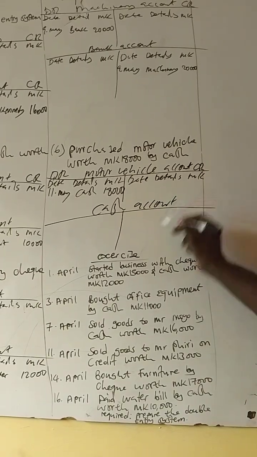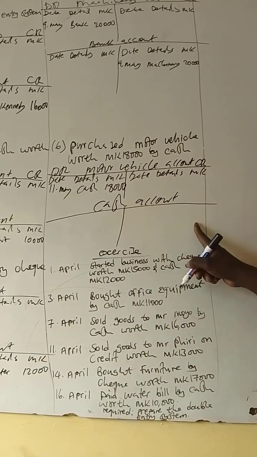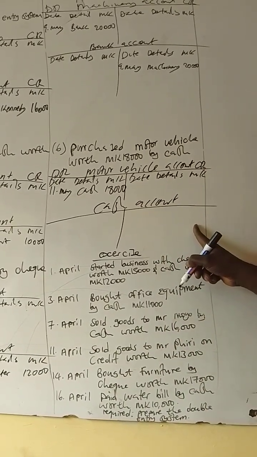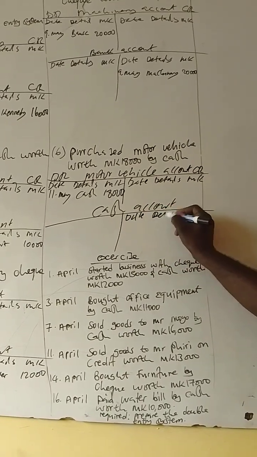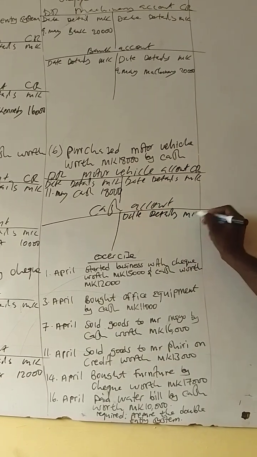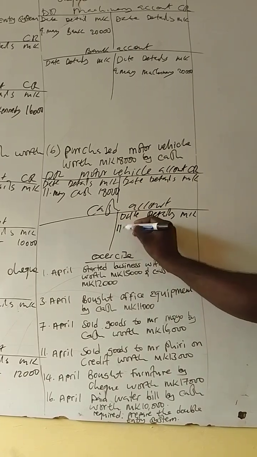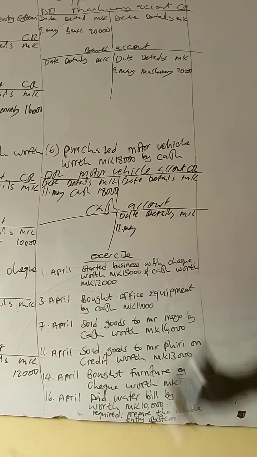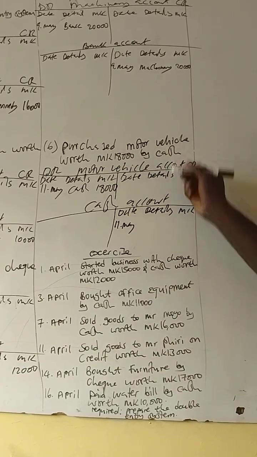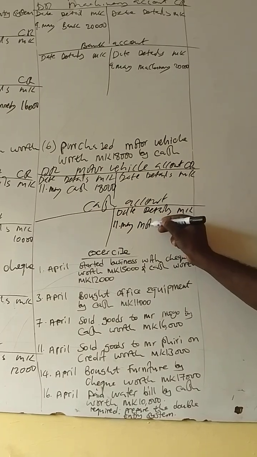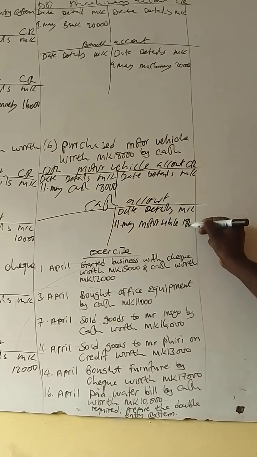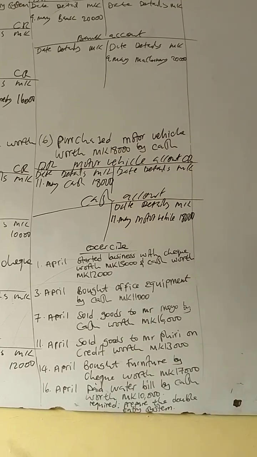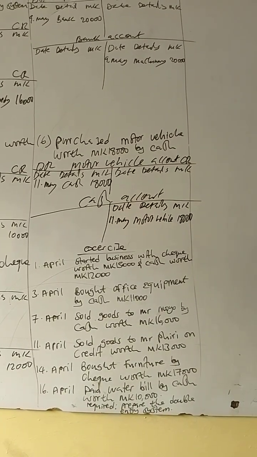This cash account, you have to credit it. This is the date, and this is the details. This is money. On 11 May, what happened? It went to the motor vehicle. Amount of how much? 18,000. So this is called the double entry system.